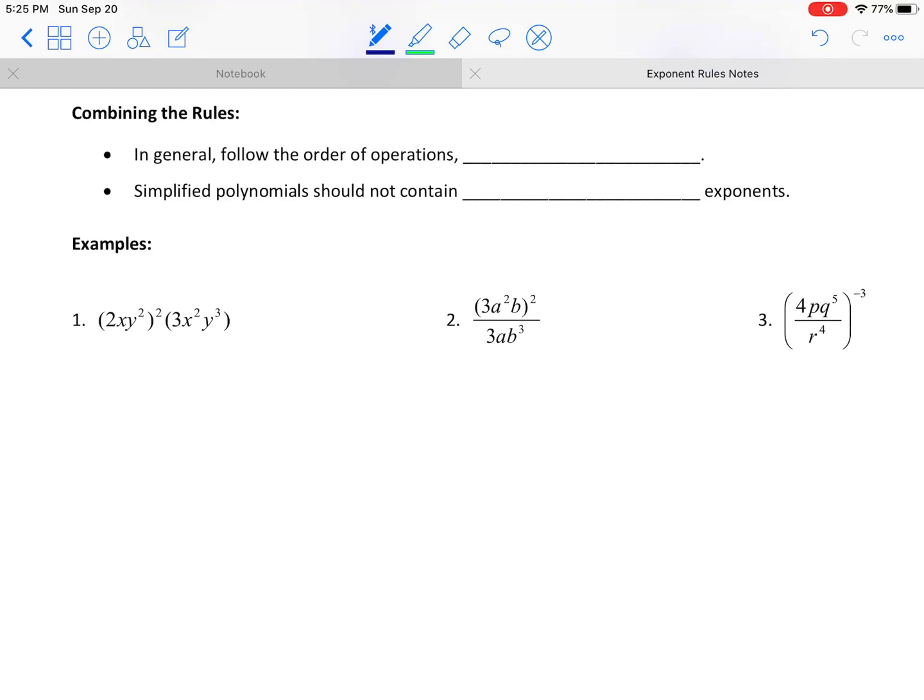In general, when we're combining rules, we want to follow our order of operations. So we would work inside of parentheses first. If we had something to simplify in any set of parentheses, try to do that. And then if we have any powers outside of parentheses, we try to take care of those. Then we would do any multiplying or dividing rules.